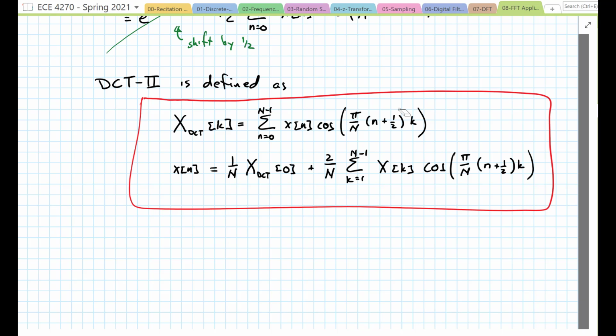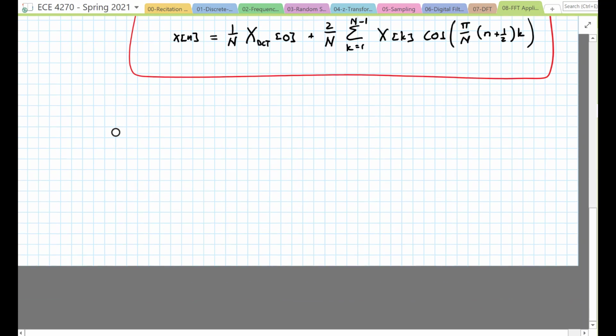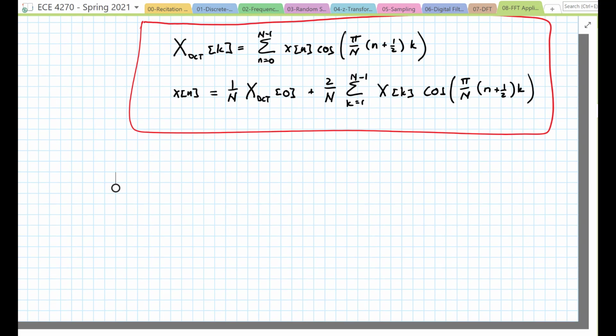But the DCT doesn't do that. The DCT only has the positive frequencies. And they're spaced twice as closely, or twice as many. So I'll put down some of the DCT basis functions and compare those with the DFT.